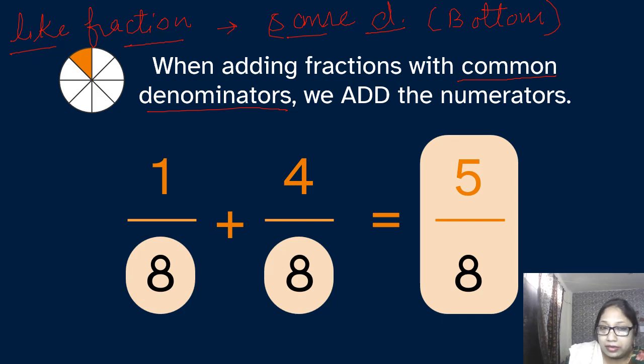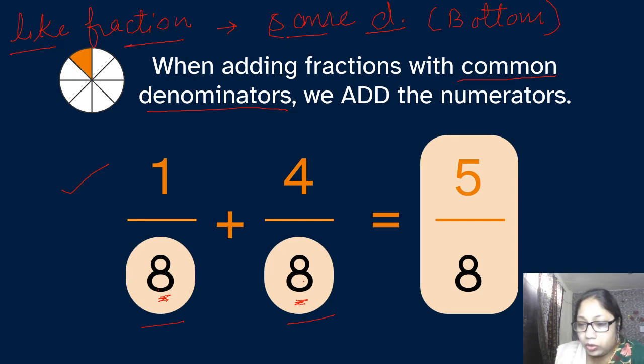1 upon 8 plus 4 upon 8. कैसे fraction है? These are like fractions because they have the same denominator. So सबसे पहले we will write 8 as the common denominator.